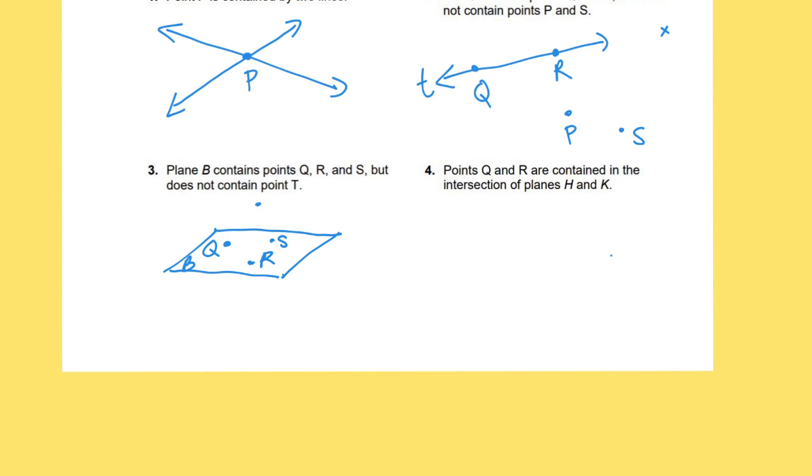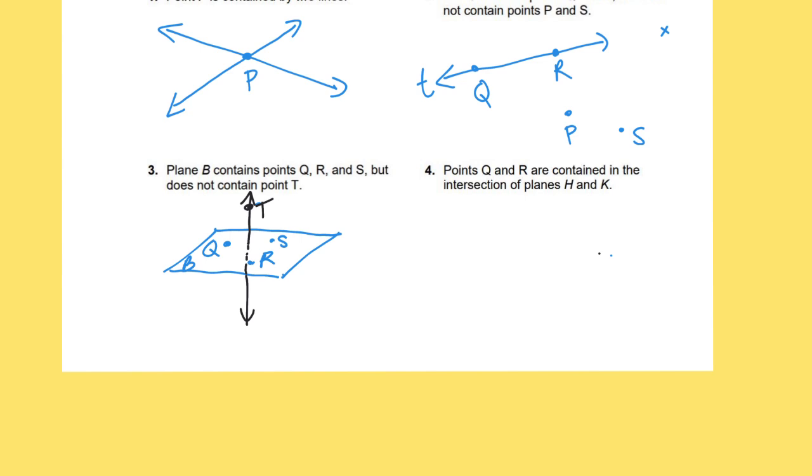So I'm going to put a tower coming through the plane, and I'm going to go dot, dot, dot, dot, dot below it, so that basically it's like stabbing a piece of paper with a pencil, and having the pencil hold up this point T. So I'm going to put a point up here, and this is going to be point T. So you can clearly see point T is on a tower above that plane, and so it's not going to be intersecting that plane. If you just place it out to the side, it probably will get absorbed by the plane.